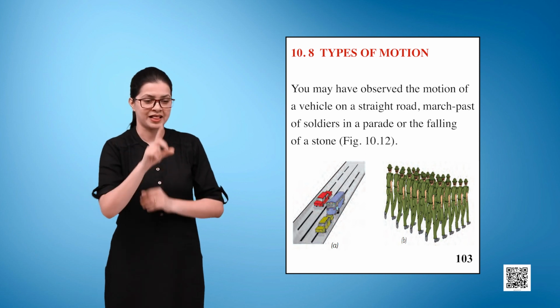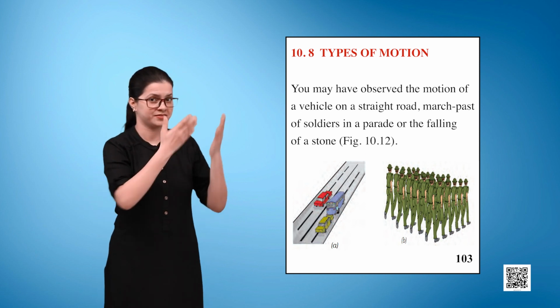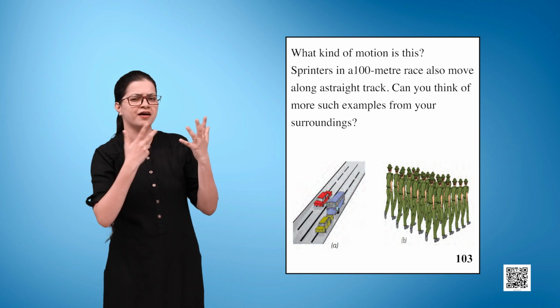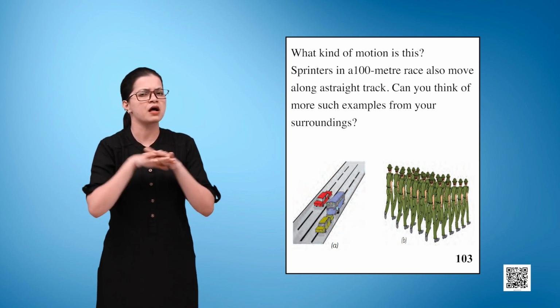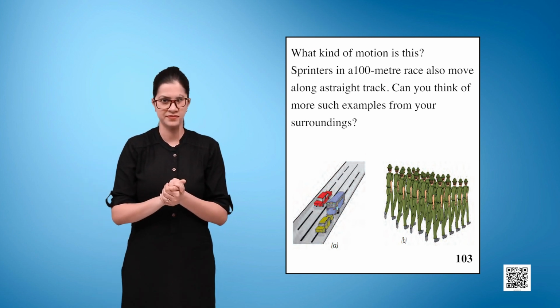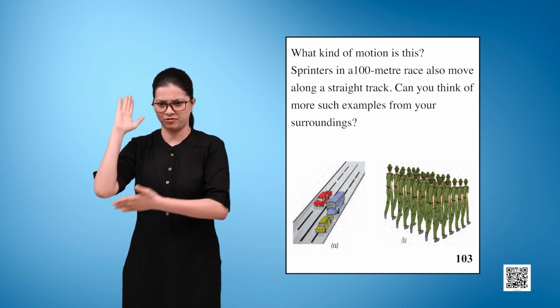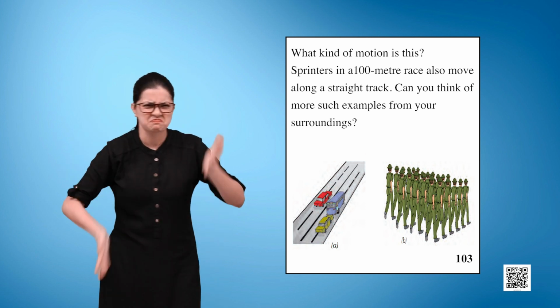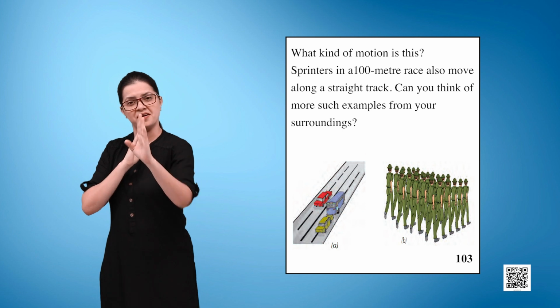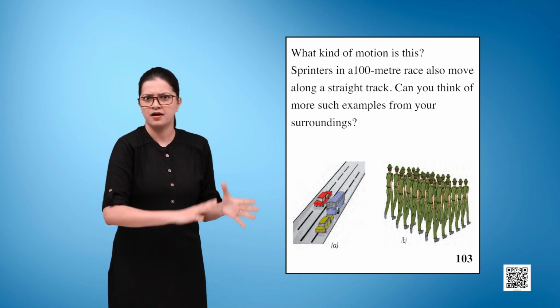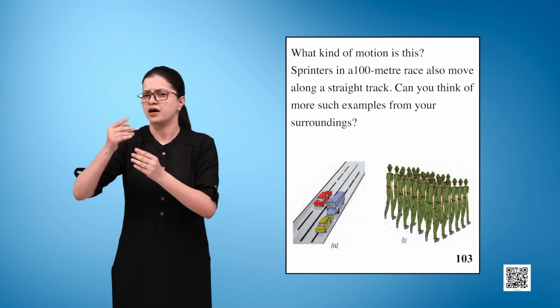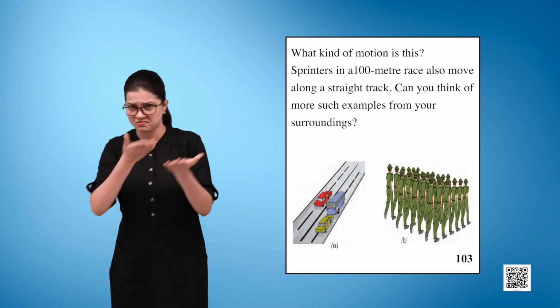Figure 10.12. What kind of motion is this? Sprinters in a 100-meter race also move along a straight track. Can you think of more such examples from your surroundings?